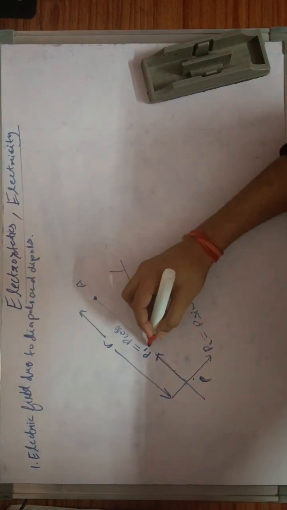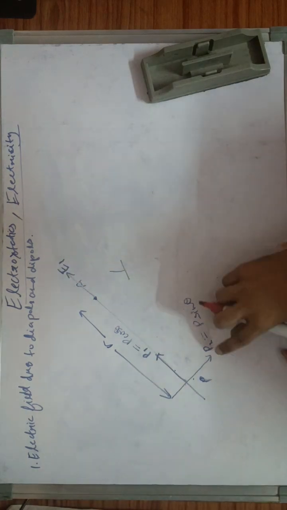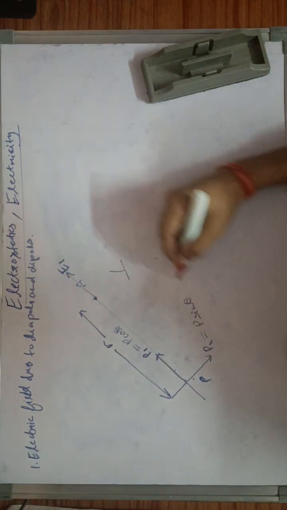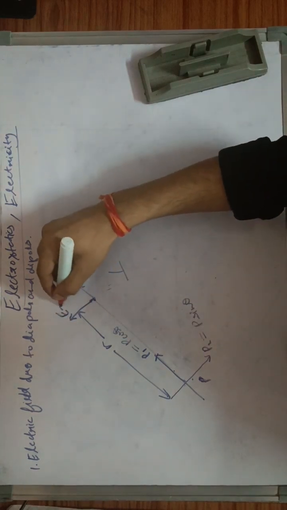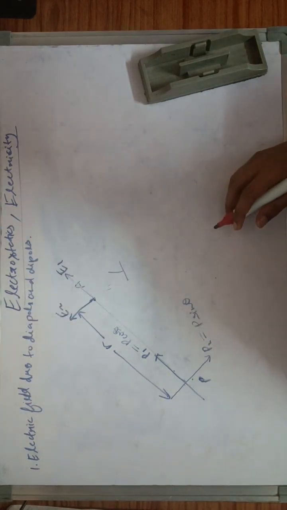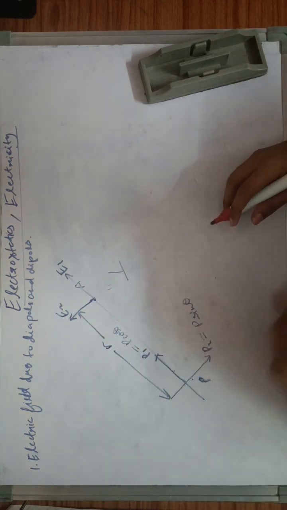So this P1 applies some electric field E1 here, and this P2 dipole moment applies some electric field here, let's call it E2, in this direction, in the equatorial plane of this dipole moment.